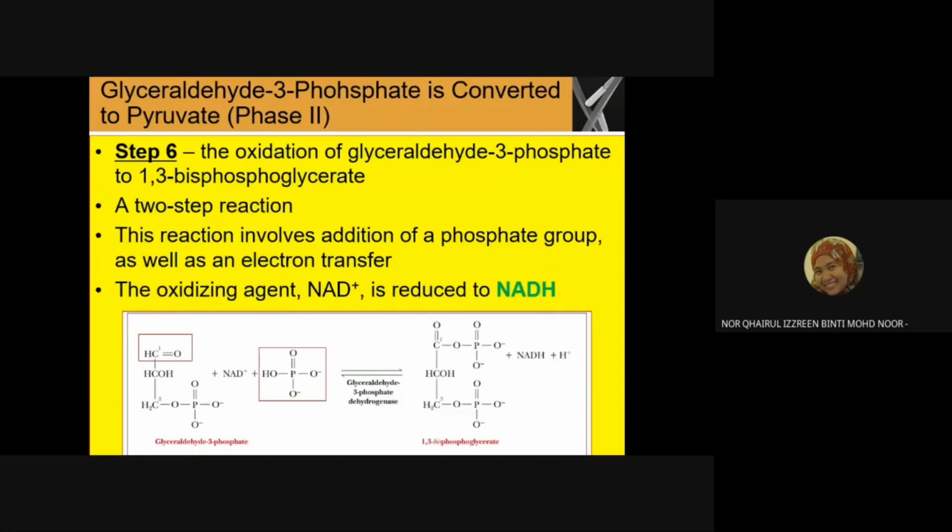So towards the end, the reaction is glyceraldehyde 3-phosphate plus NAD plus and a phosphate group to produce 1,3-bisphosphoglycerate with two phosphate groups, plus NADH plus H plus. NAD plus is reduced to NADH with one electron transfer.